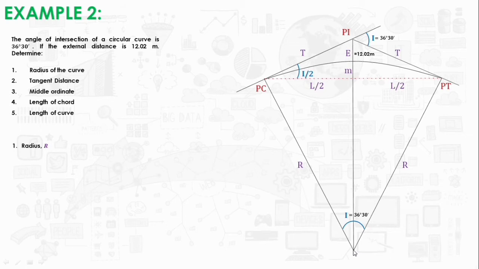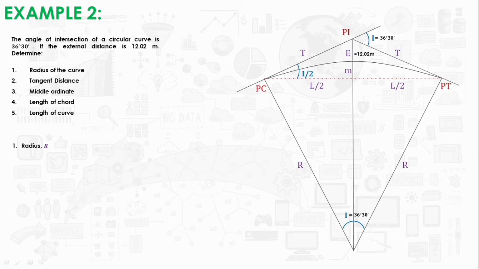We can also observe that the radius here is the same with the distance from the midpoint of the curve to the center of the circle. If this is R, this one also is the radius. So therefore, our hypotenuse here is the radius plus the external distance, which is known.